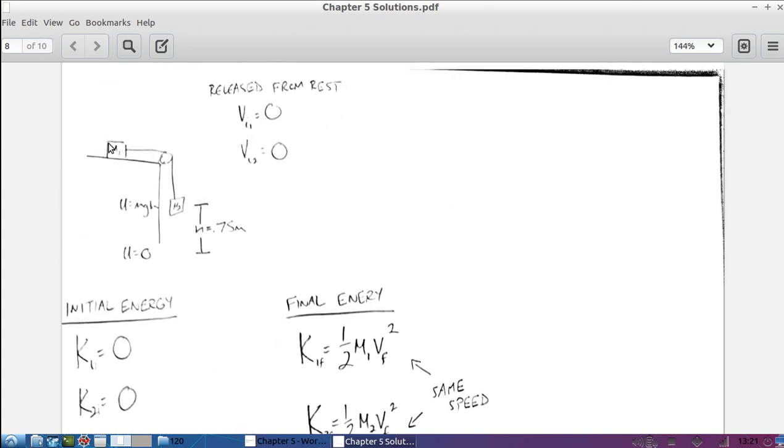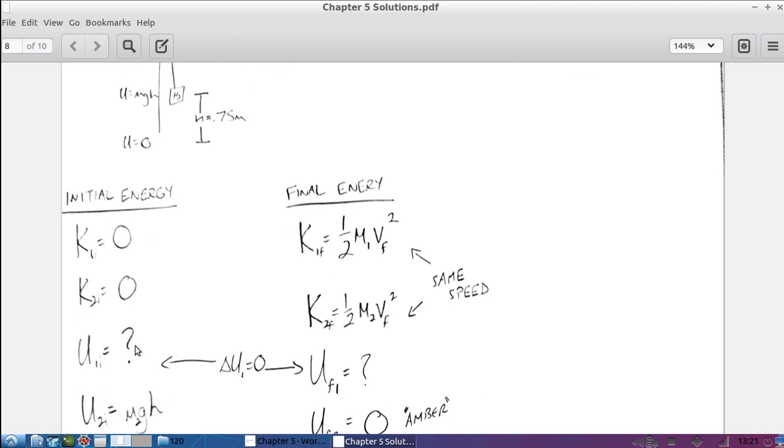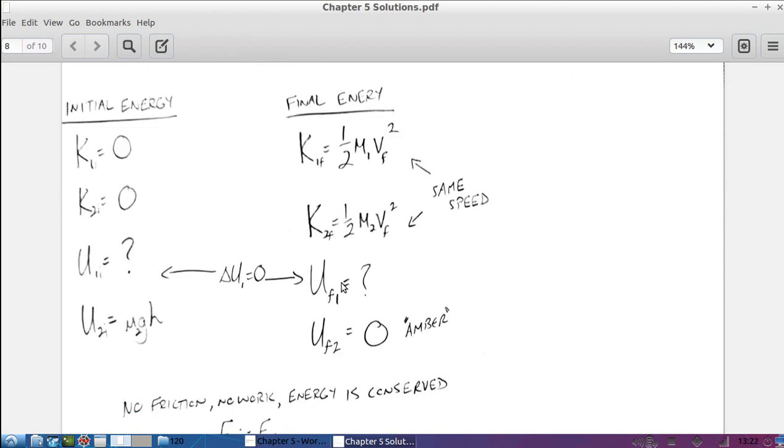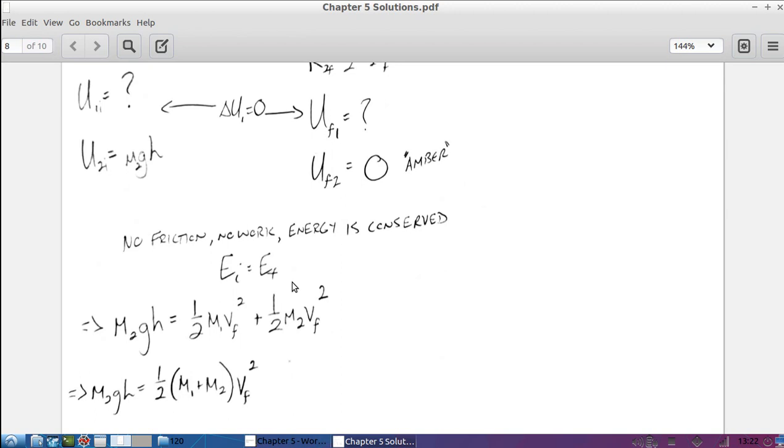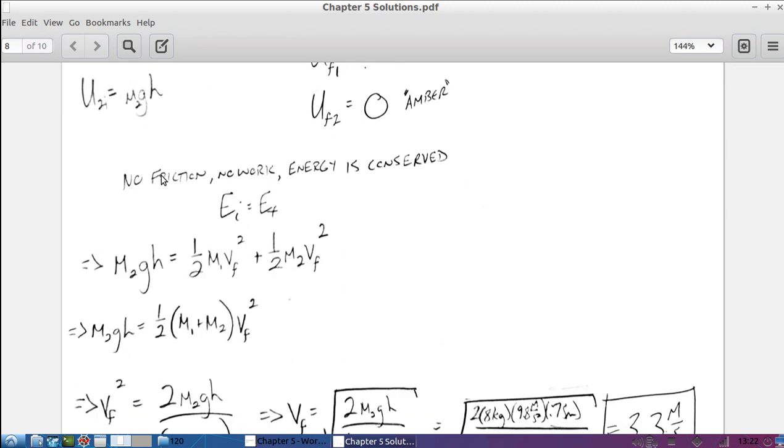So I don't care whether M1 has a gravitational potential or not. I know that value doesn't change because it's only moving in the x direction, right? It's not moving up or down, so its gravitational potential doesn't change. So I can ignore these terms completely. All right, so I don't even have to account for the change of potential of M1 because it's 0. Again, I'm working this problem where there's no friction. I'll include friction in a later example.